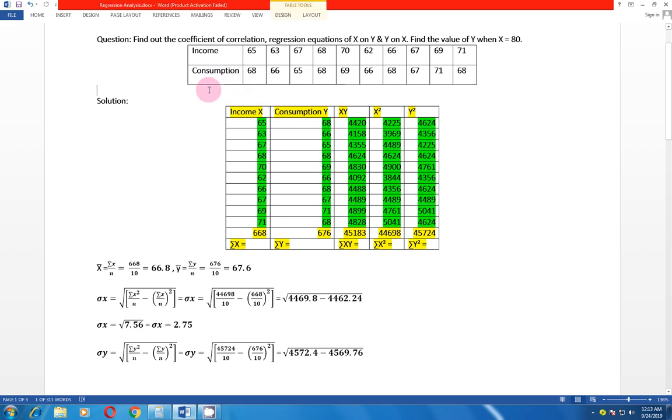In multiple regression analysis, the variables may be more than 2. But in case of multiple regression, one very important thing you should keep in your mind is that you can take only one dependent variable, and the number of independent variables may be more than 2.